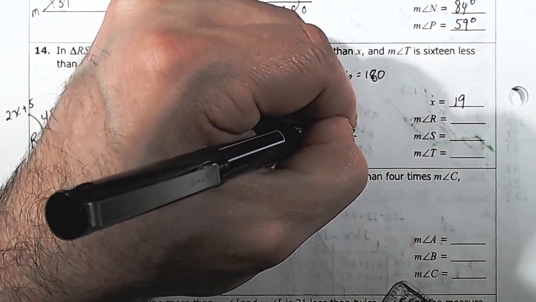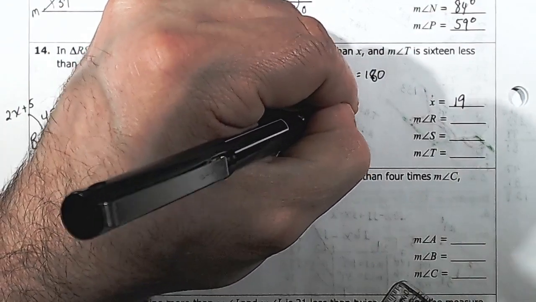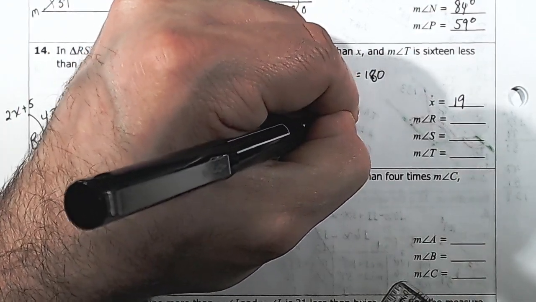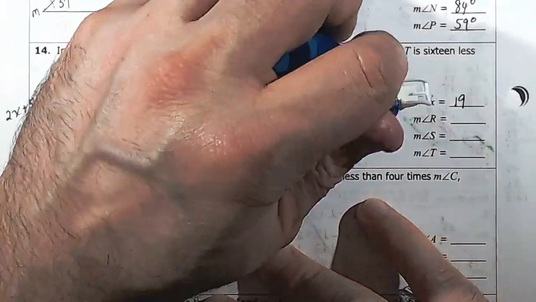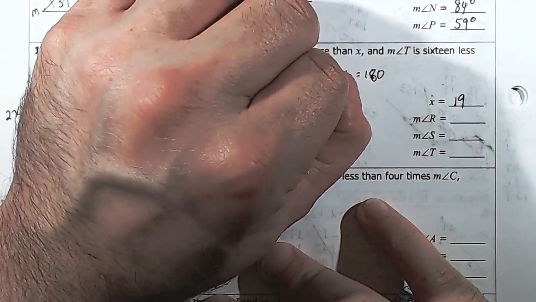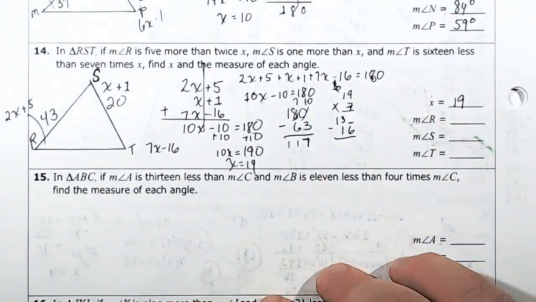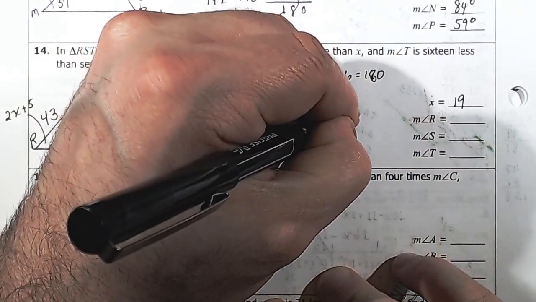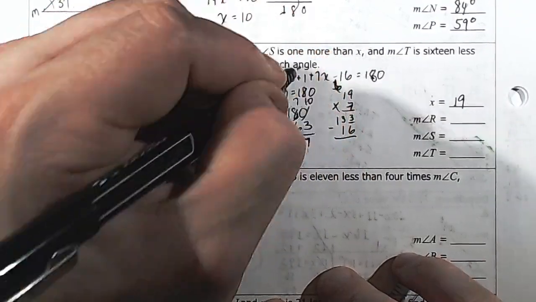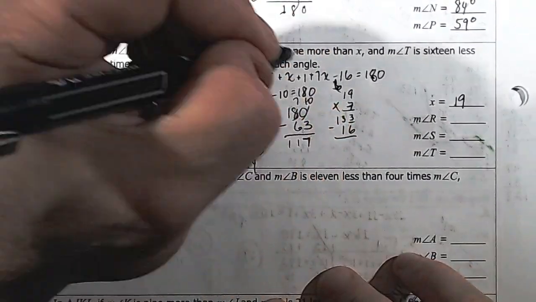I must be getting tired. It is 9:52 p.m. So 9 times 7 is 63, and I wrote a 6. I just did it again. 9 times 7 is 63. Carry the 6. 1 times 7 is 7 plus 6 is 13.